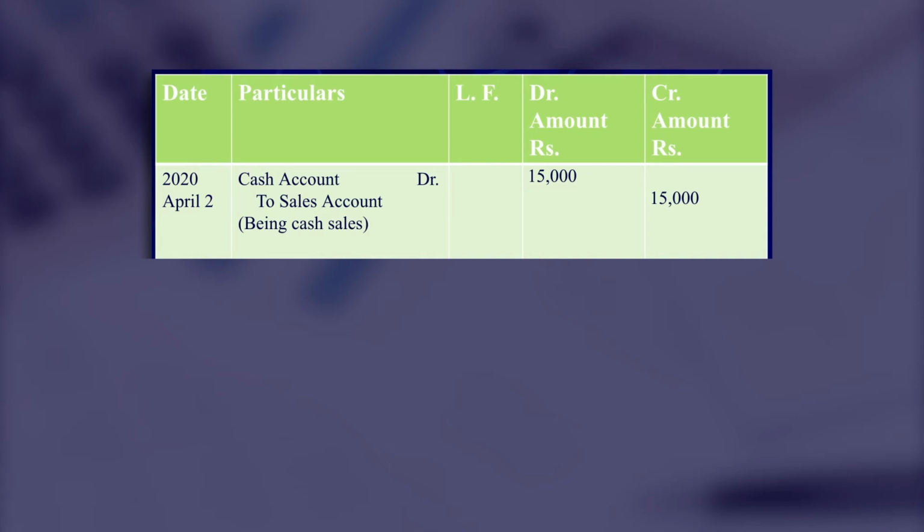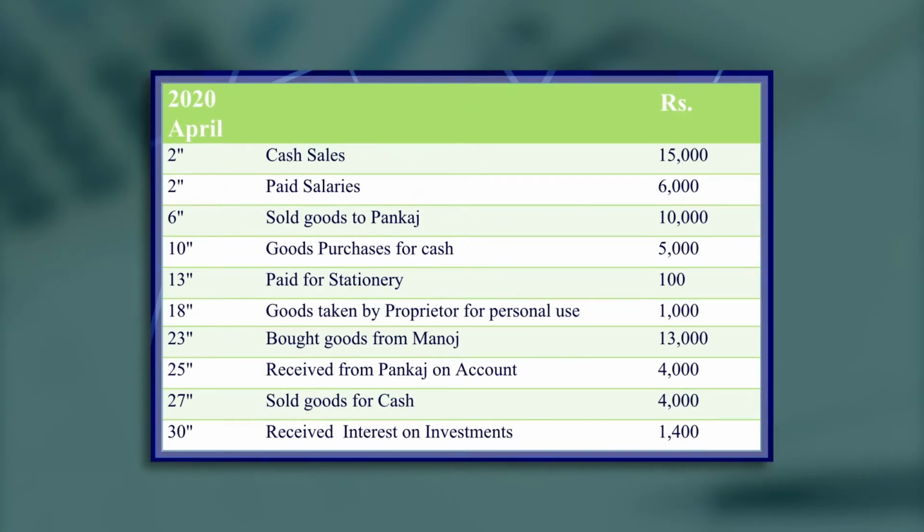So, we can check it, 15,000 in the debit side of cash account, yes, this is the debit side 15,000, and sales account we can also check, credit 15,000 rupees, yes, by cash 15,000 rupees. Now, again we go back, second one is salaries account debit to cash.